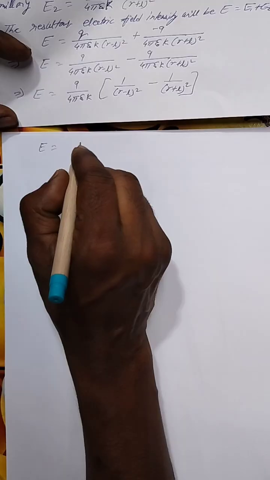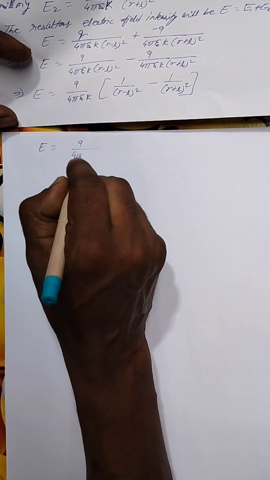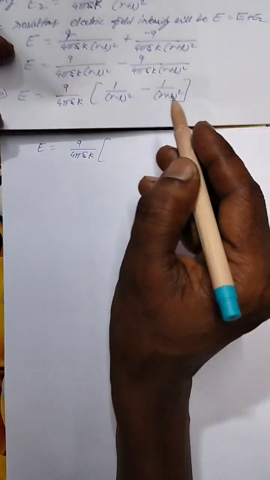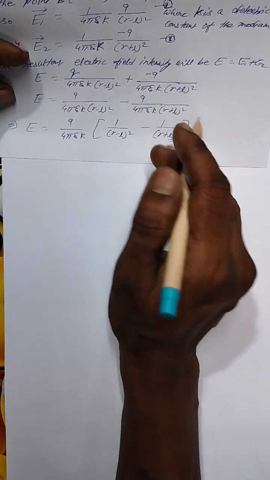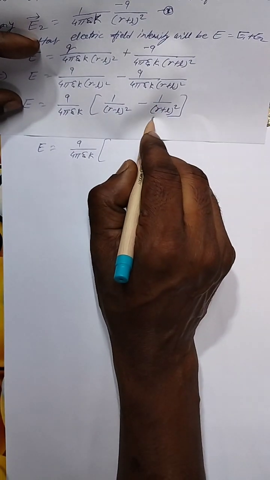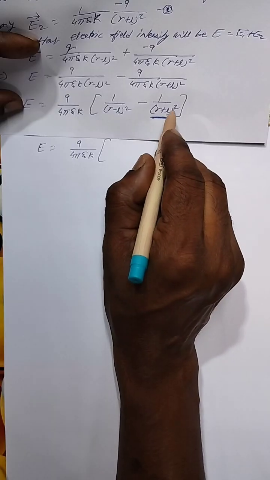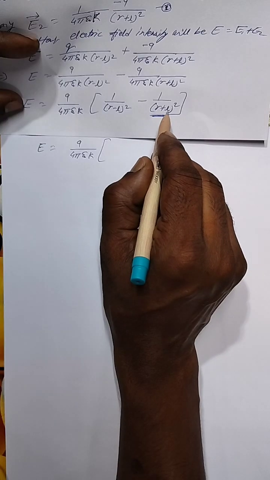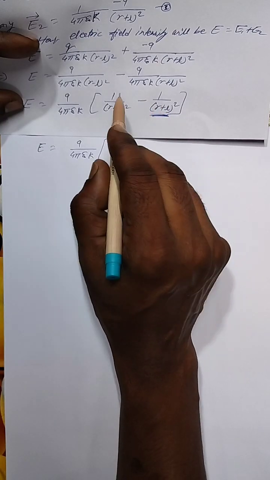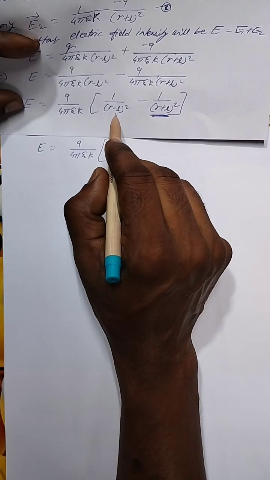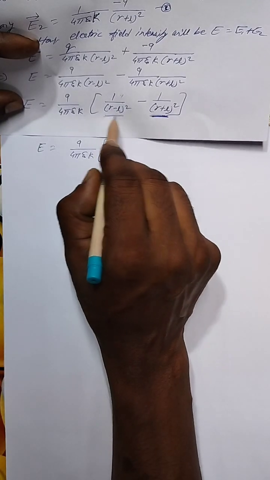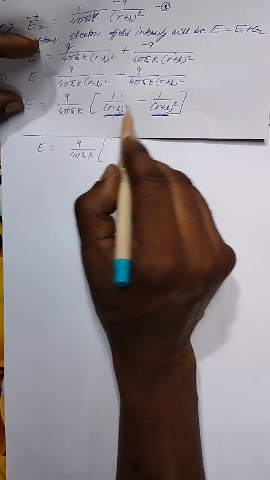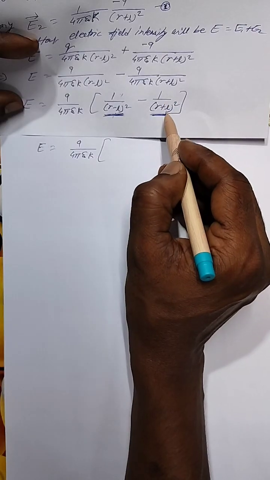E is equal to q upon 4 pi epsilon 0 K. Look, this denominator (r plus L) whole square, we will multiply in the numerator and denominator, and we will multiply (r minus L) whole square in both numerator and denominator.